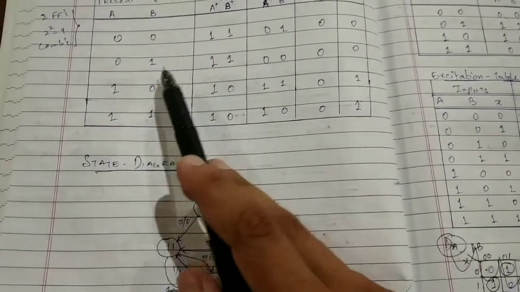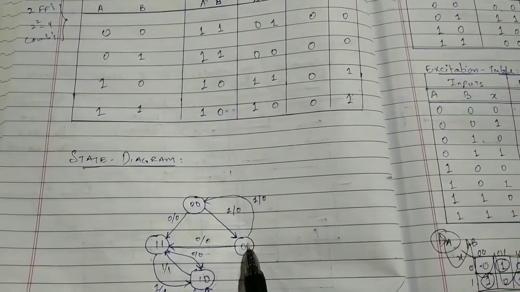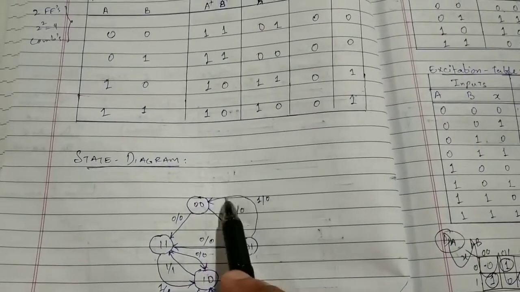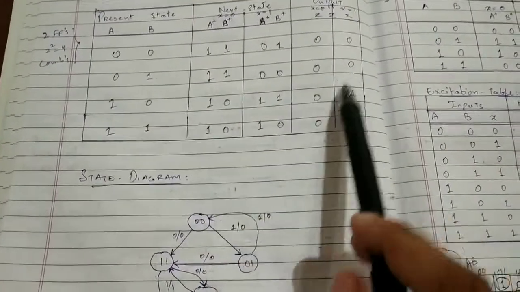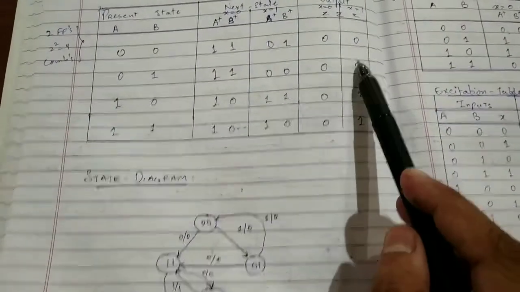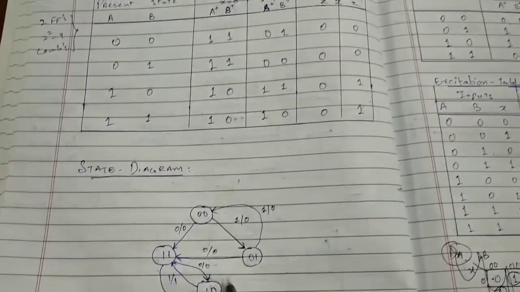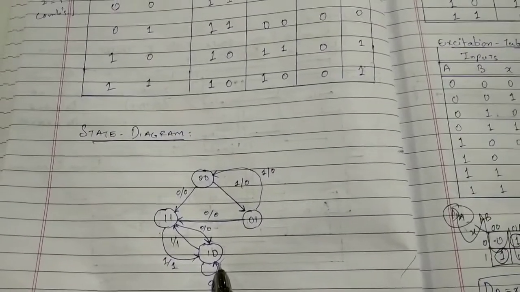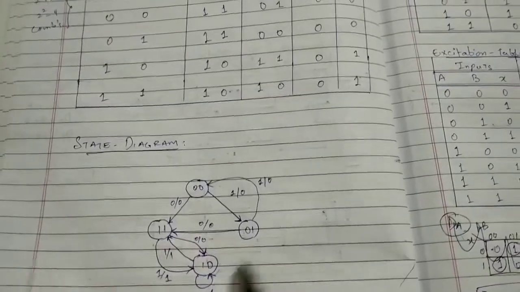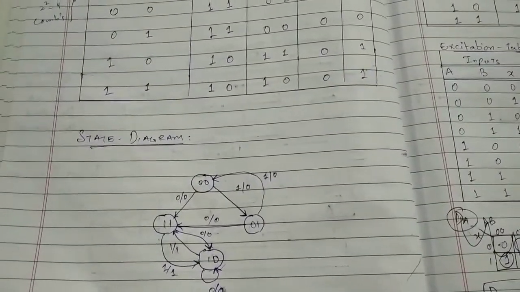For 0 1, the next state is 0 0 when input x is equal to 1 and output is equal to 0. For 1 0, the next state will be 1 0 itself, so self loop at 1 0, for input x is equal to 0 and output is equal to 0, so 0 slash 0.